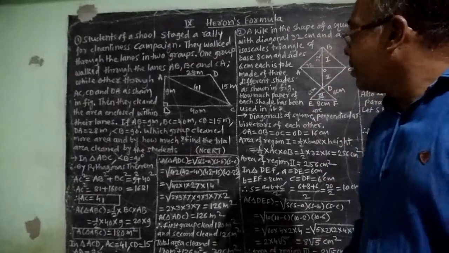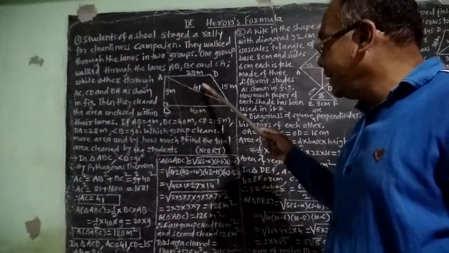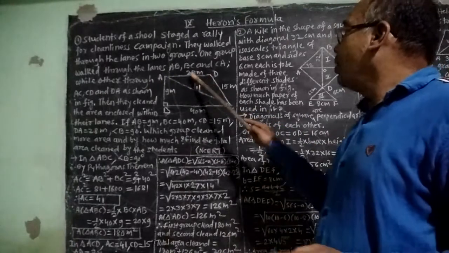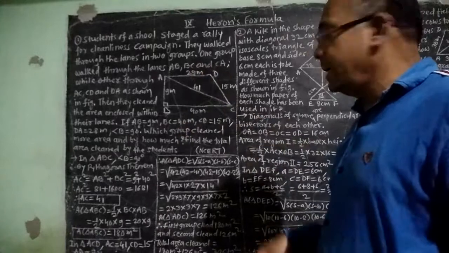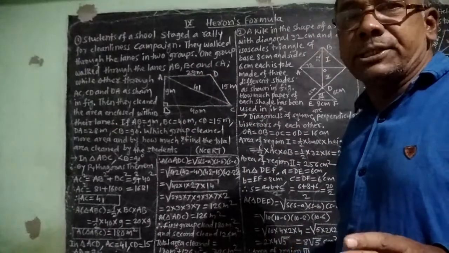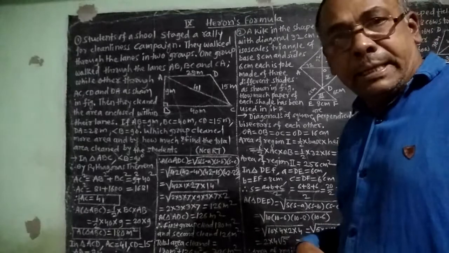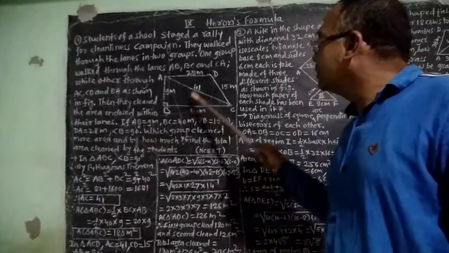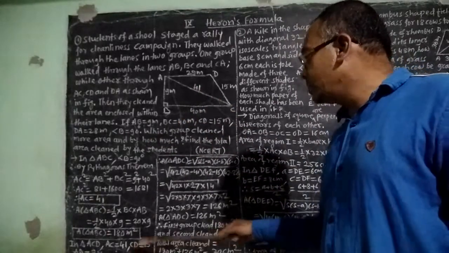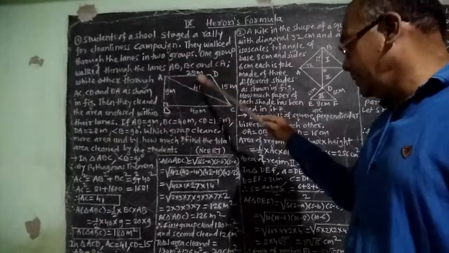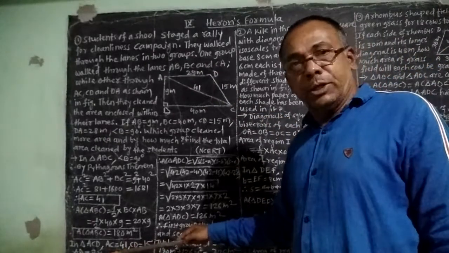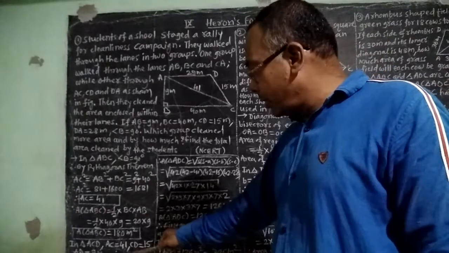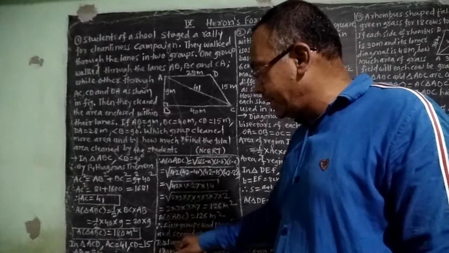Now we will find the area of triangle ACD by Hero's formula, because we know the length of all the three sides, and if all the sides are given, then we can apply Hero's formula. Here in triangle ACD, AC is 41, CD is 15 and AD is 28 meter, and therefore semi-perimeter S is equal to 41 plus 15 plus 28 divided by 2.